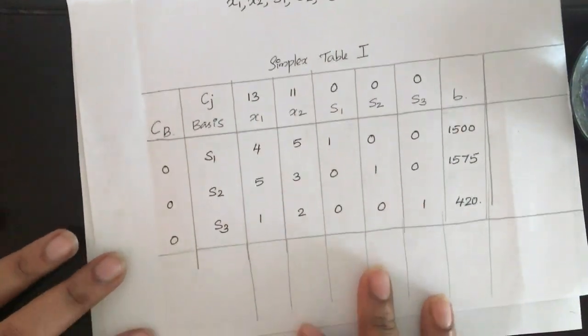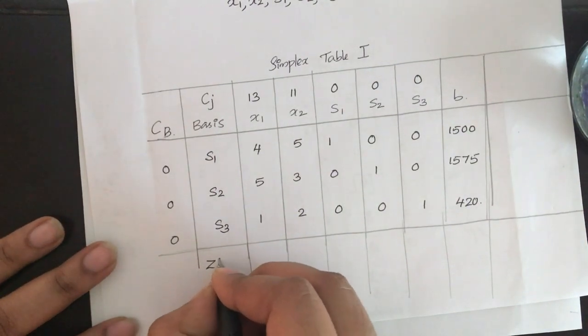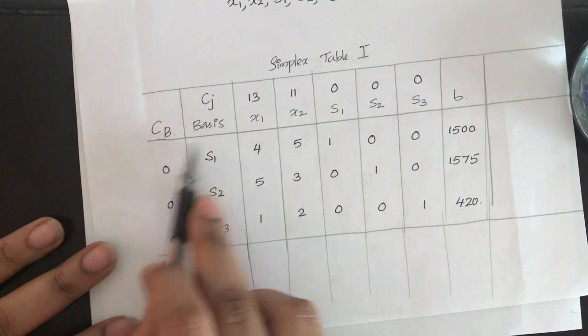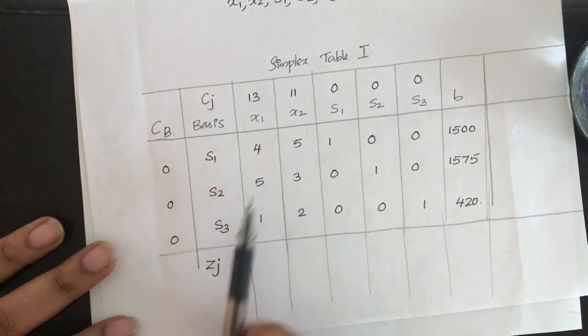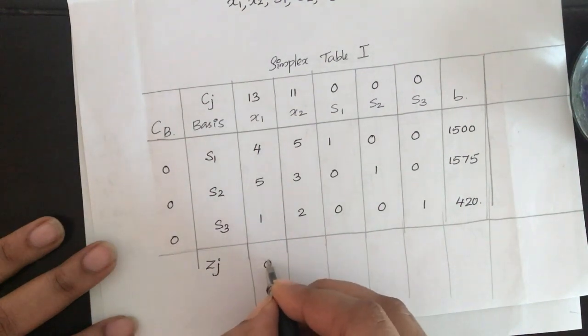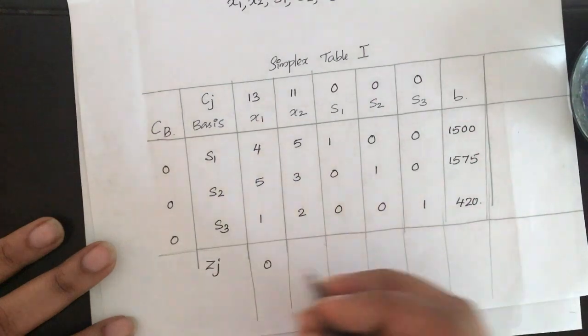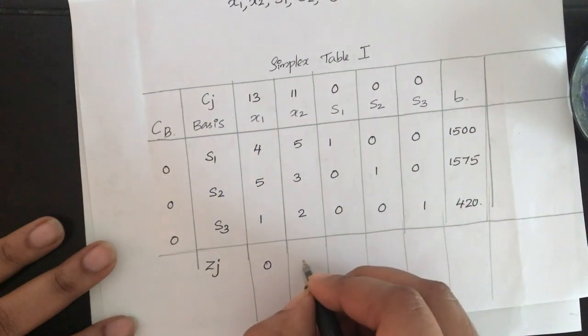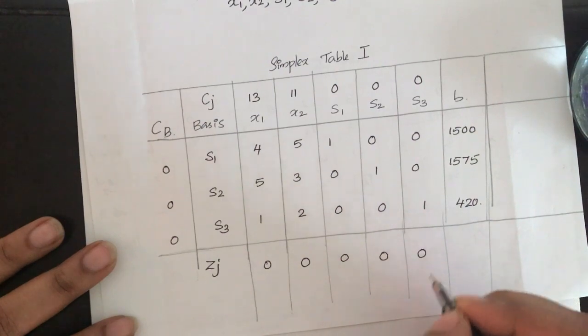Now we are going to find a set of Zj values, Zj equal to Cb into each column. So, 0 into 4 plus 0 into 5 plus 0 into 1, 0. 0 into 5 plus 0 into 3 plus 0 into 2. Similarly, complete the Zj values: 0, 0, 0, 0, 0.